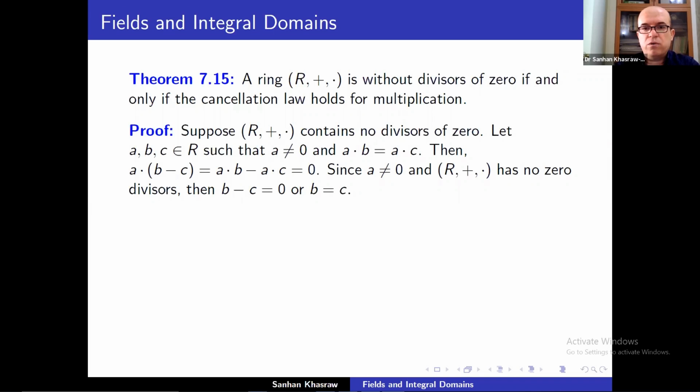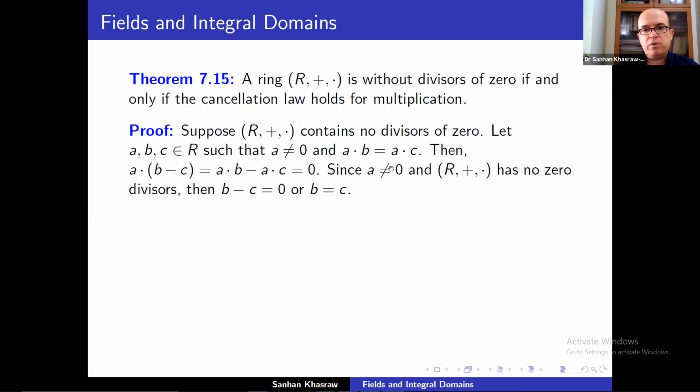Suppose R has no divisors of 0, and take three elements A, B, C in R such that A is not 0 and AB equals AC. So A times (B minus C), by using the distributivity law, is equal to AB minus AC.